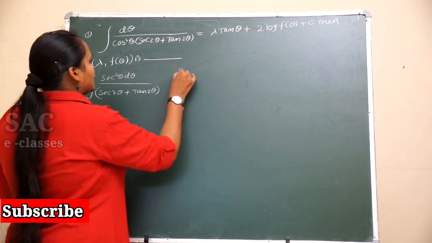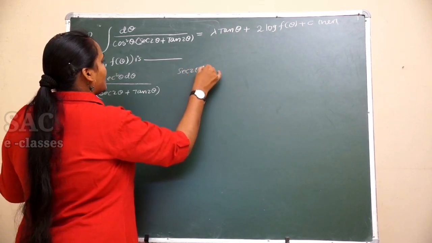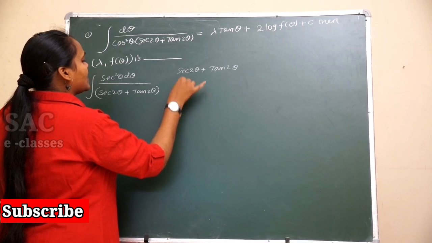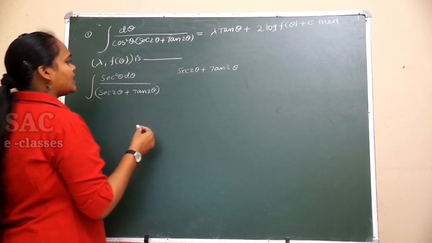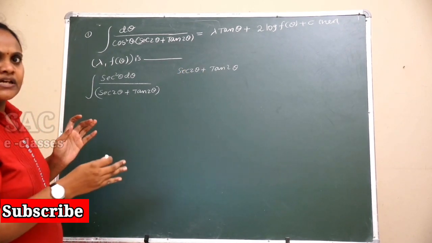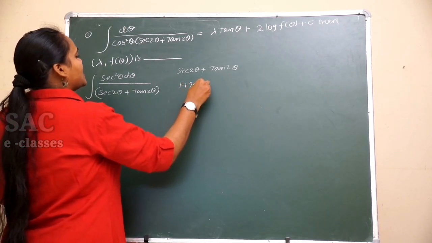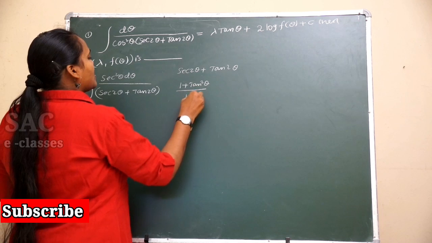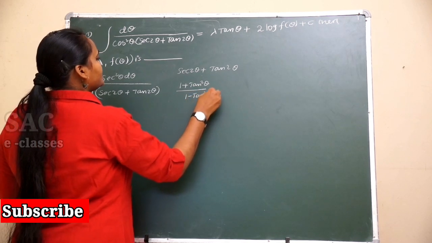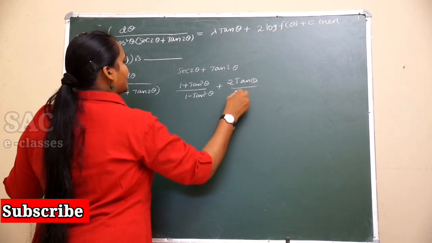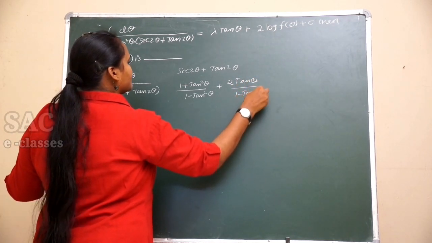Let me express that somewhere beside and simplify it. Secant 2 theta plus tan 2 theta. You know that secant 2 theta is the reciprocal of cos 2 theta. So I am expressing it as 1 plus tan square theta by 1 minus tan square theta, plus the tan 2 theta formula, 2 tan theta by 1 minus tan square theta.